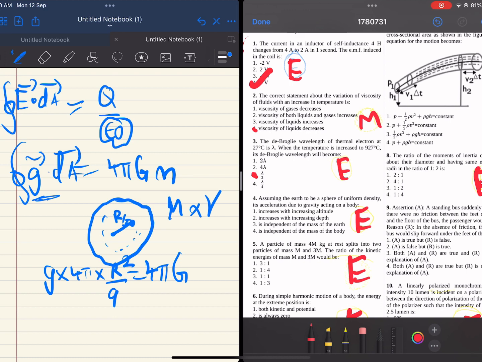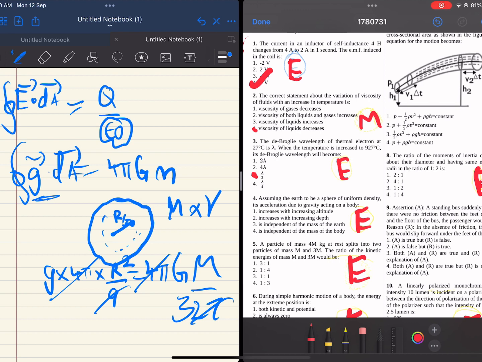For radius r we have a mass of capital M, which means m is proportional to capital R cube. So for r cube by 27 volume, we will have m by 27 mass. So 4 pi we can cancel, and we get gm by 3 r square as the answer.